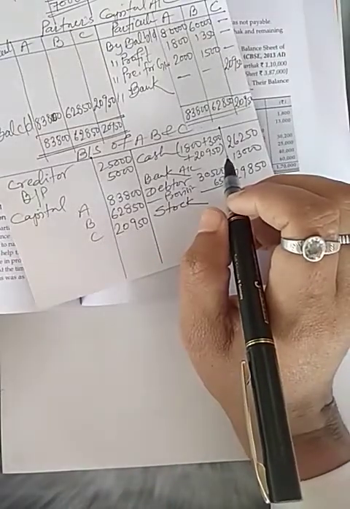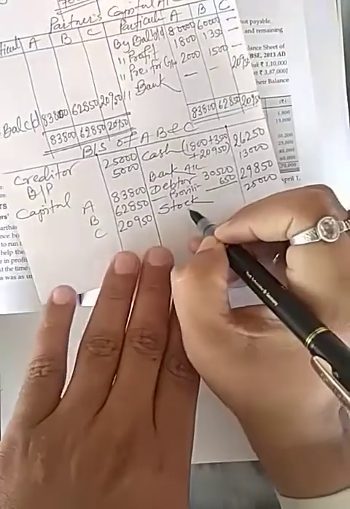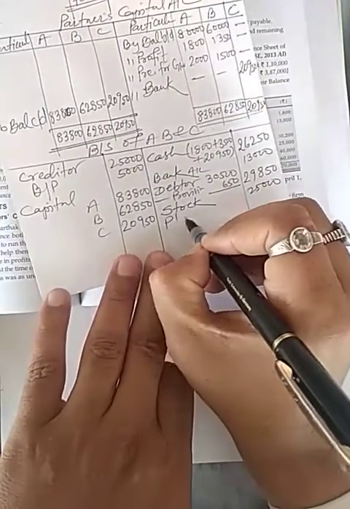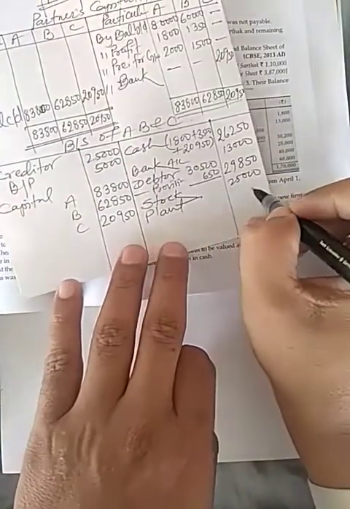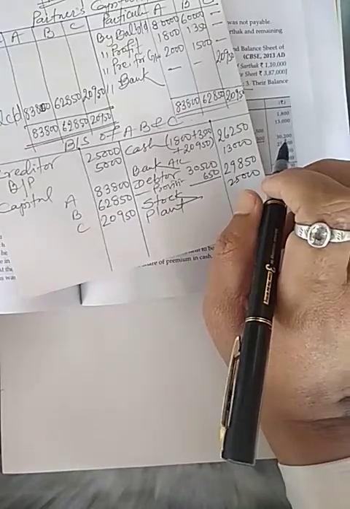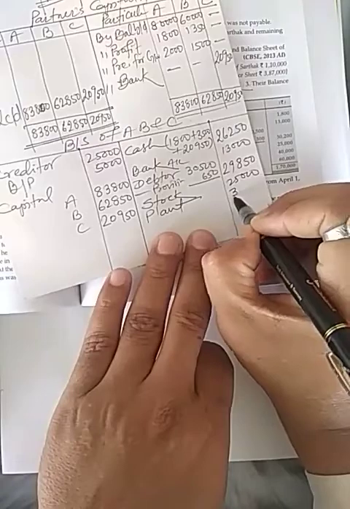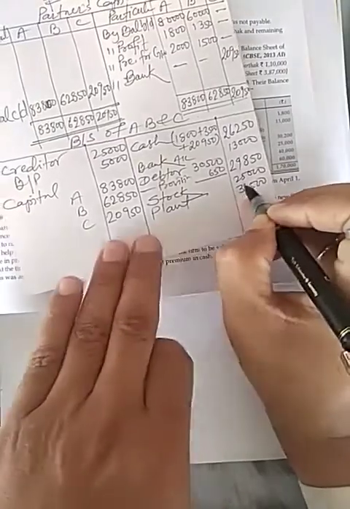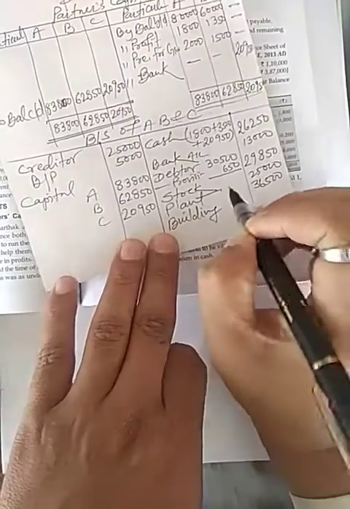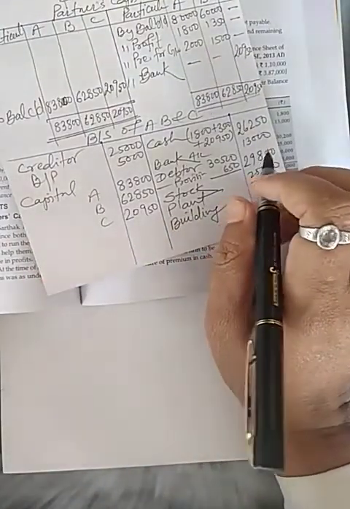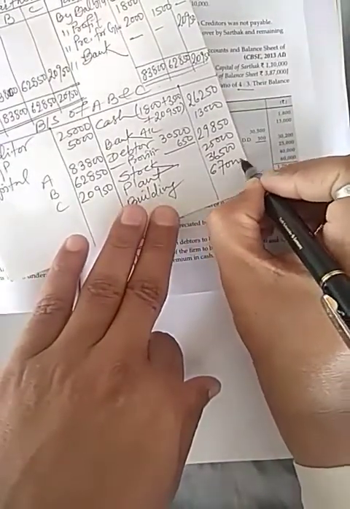Stock is given 25,000, and the value of plant decreases by 3,500, so it will remain 36,500, and the value of building increases by 7,000, so it will now be 67,000.